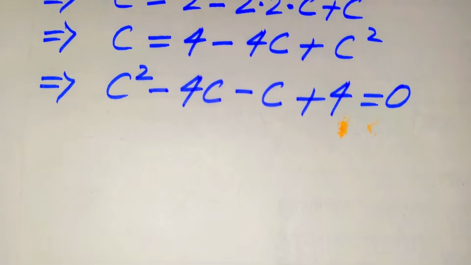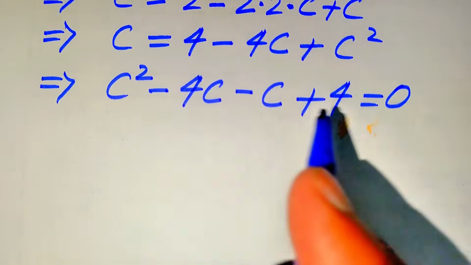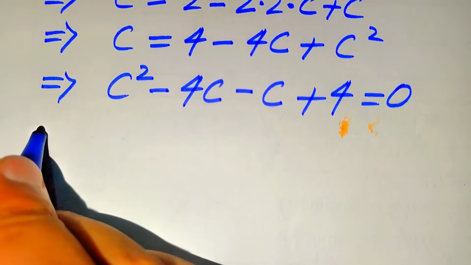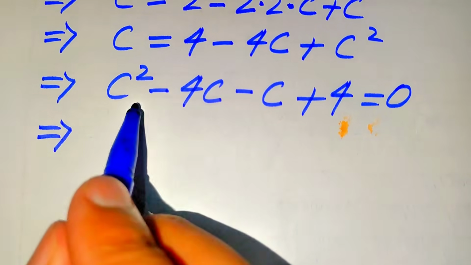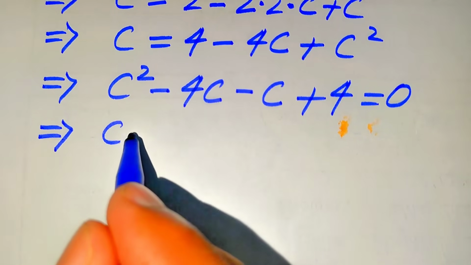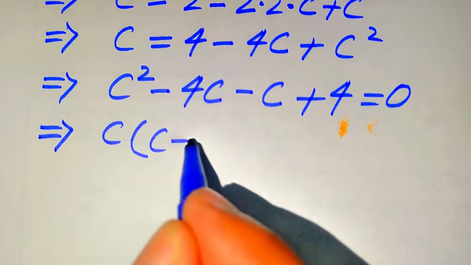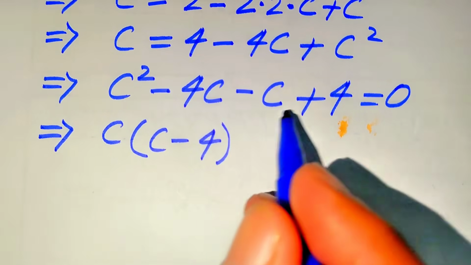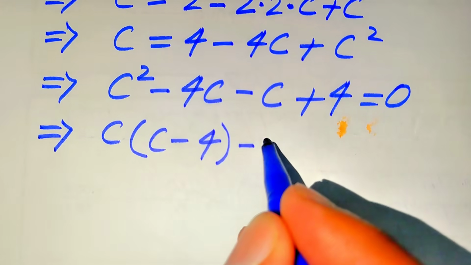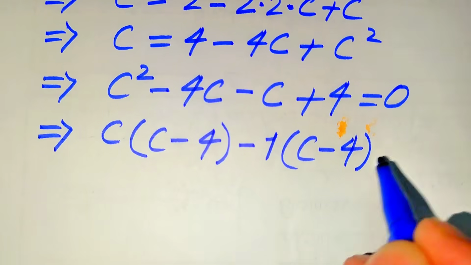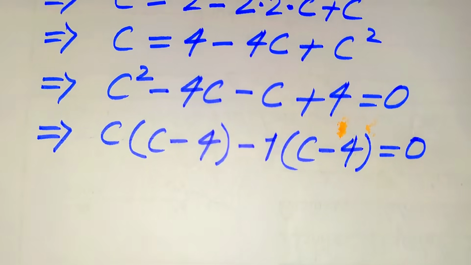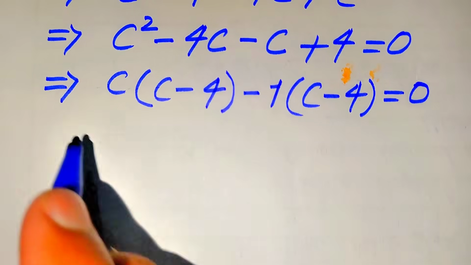So here we can use the factorization technique to solve for the values of c. From the first two terms we take common c and we get c minus 4, and from here we take common minus 1 and we get c minus 4, and this whole equation is equal to 0.